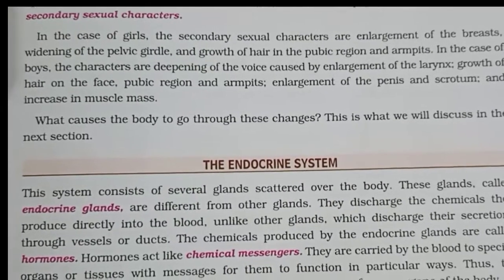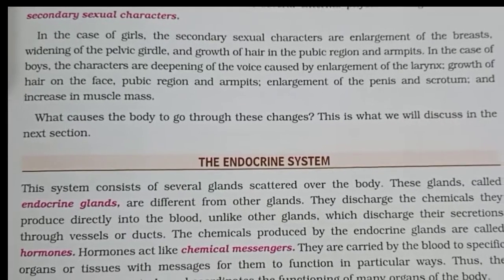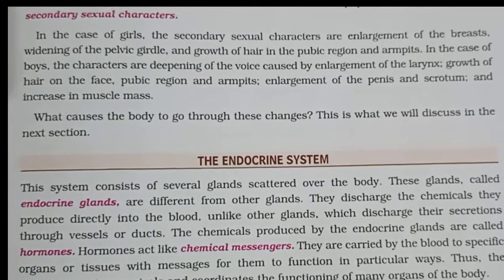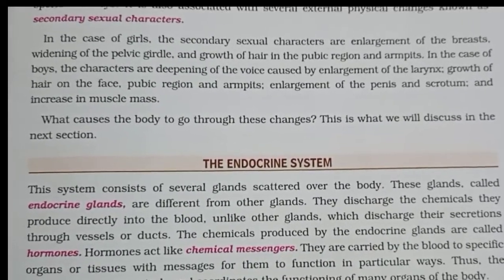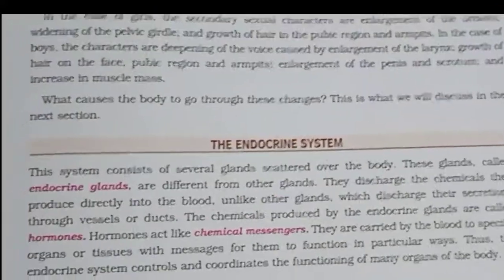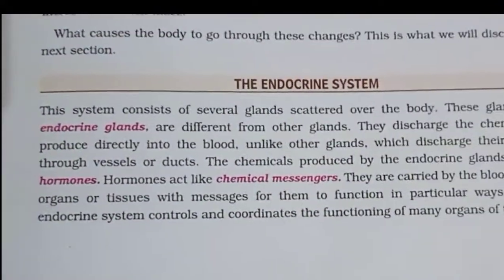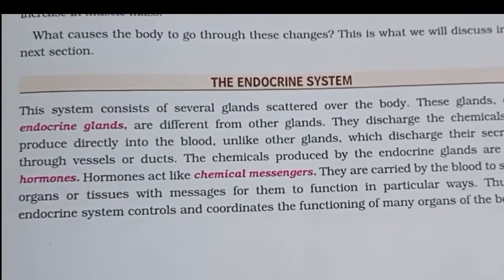Now the question is, whatever changes are occurring, what is responsible for this change, or what causes the body to go through these changes? This is what we are going to study in the next part, the endocrine system. So what is the endocrine system?